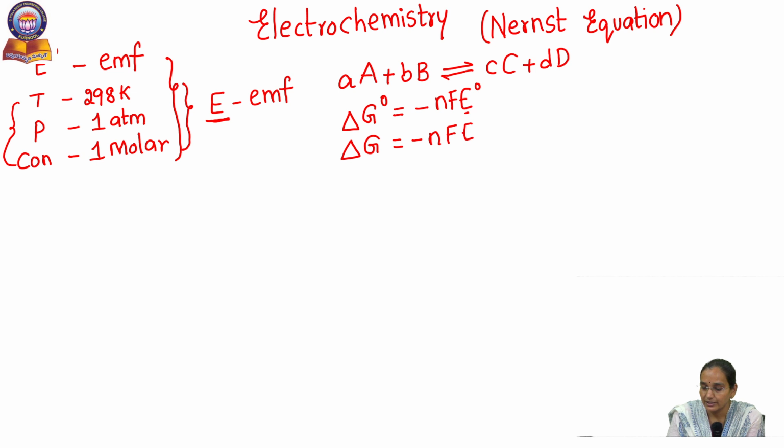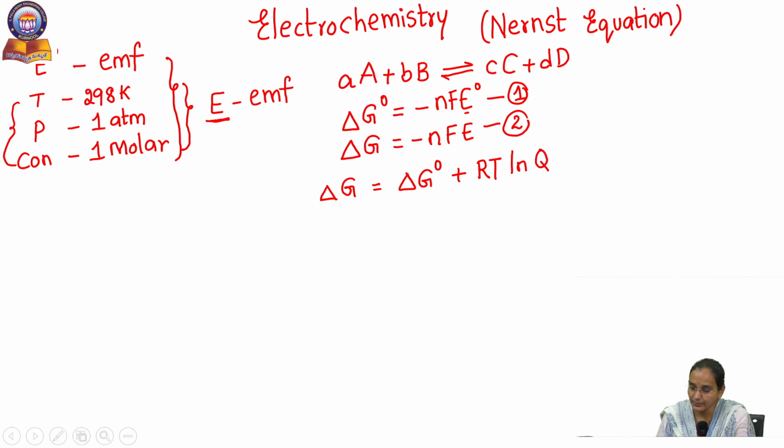It is minus nFE. Consider this as equation 1 and this as equation 2. Now consider another equation from thermodynamics: delta G equals delta G naught plus RT ln Q. Here Q is the reaction quotient. This is also a thermodynamic equation.